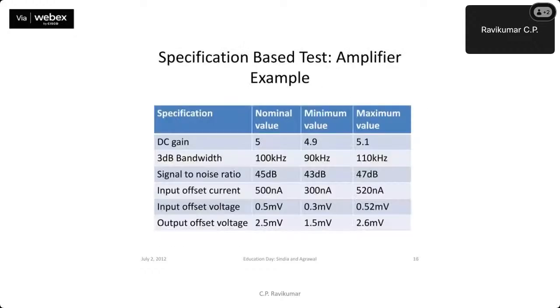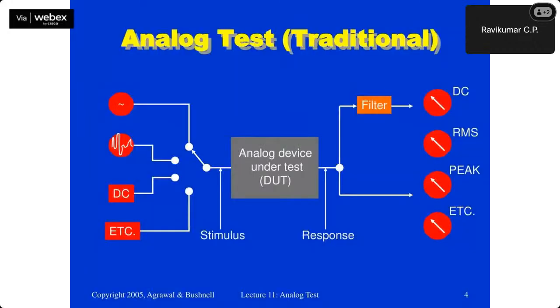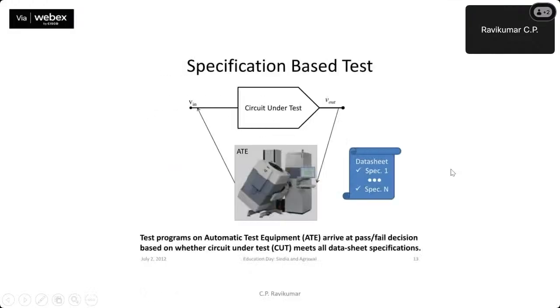Having so many different equipment for making measurements is what makes it all very difficult and expensive, and also error prone, right? See, when you use these equipments, if you don't calibrate the equipment correctly, or if you are using the equipment wrongly, everything is wrong, right? You need very highly skilled people to do all this characterization test, etc., right?